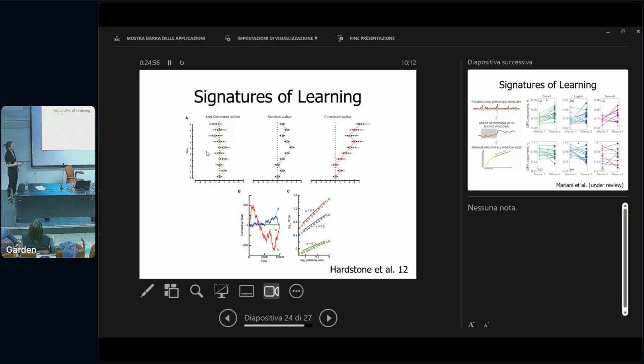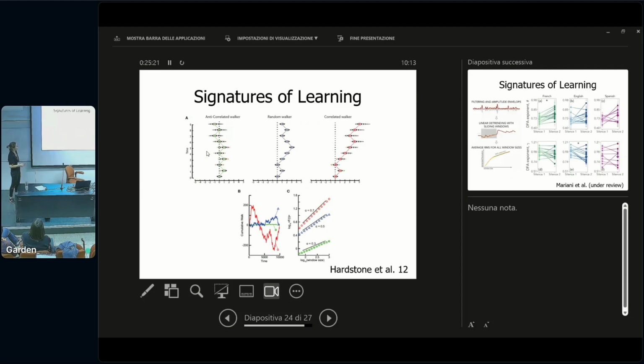Or you could do the opposite. There is memory, you remember your previous step, and the probability of taking the next step in the same direction increases. So there's memory and it's correlated. Once you've taken a step in one direction, you continue in that direction. Now, if you rotate this 90 degrees, then you can look at time series and see how far the excursions or the deviations from 0 are.